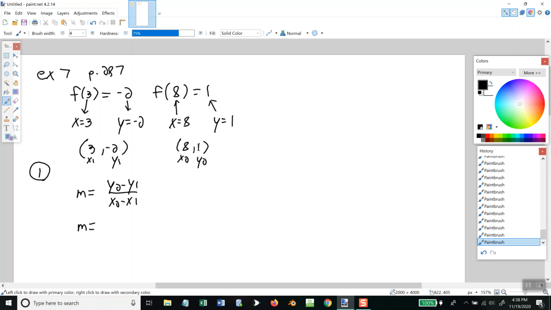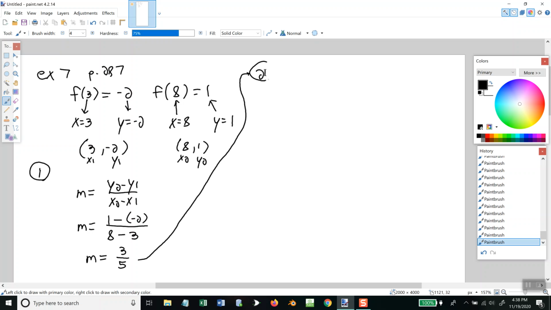So we just plug in what we identified. y2 is 1 minus y1, which is -2, over x2, which is 8, minus x1, which is 3. Negative negative becomes positive, so that's 1 plus 2, or 3, and 8 minus 3 is 5.